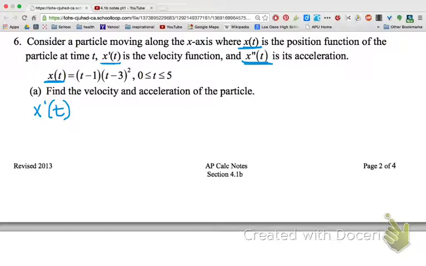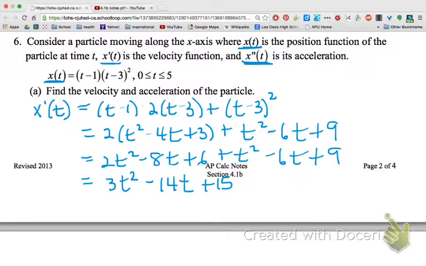And so when I do it, I get, remember that you're using product rule, so I had to do first times derivative of second plus second times derivative of first. And so here's my velocity. Notice it is an expression.